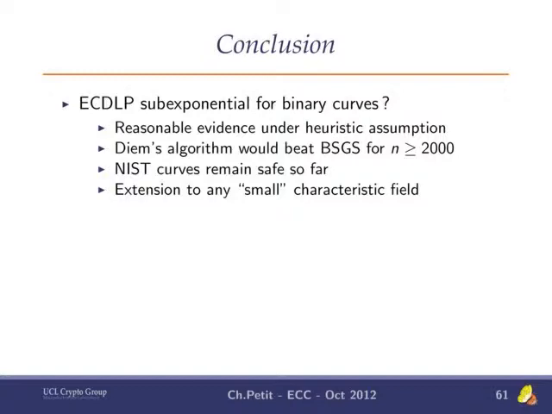Okay, so we're done. To conclude, I've shown some evidence that ECDLP over binary curves, and more generally any small characteristic field curve, could be sub-exponential. There is reasonable evidence in the heuristic assumption that's quite common, and that's supported by experience, at least for small parameters.